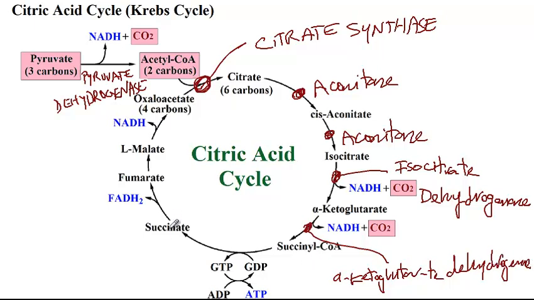Conversion of succinyl coenzyme A to succinate is being done by succinyl coenzyme A synthase. Then conversion of succinate into fumarate is being done by succinate dehydrogenase.